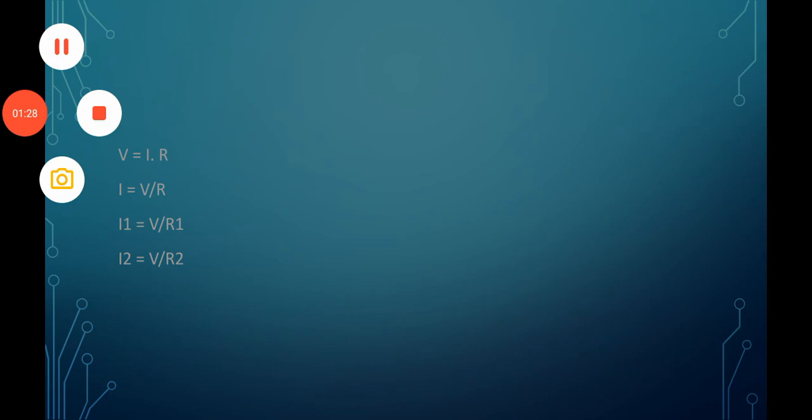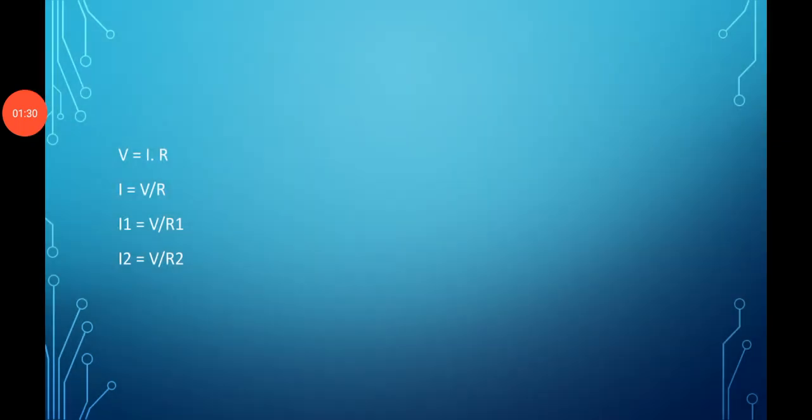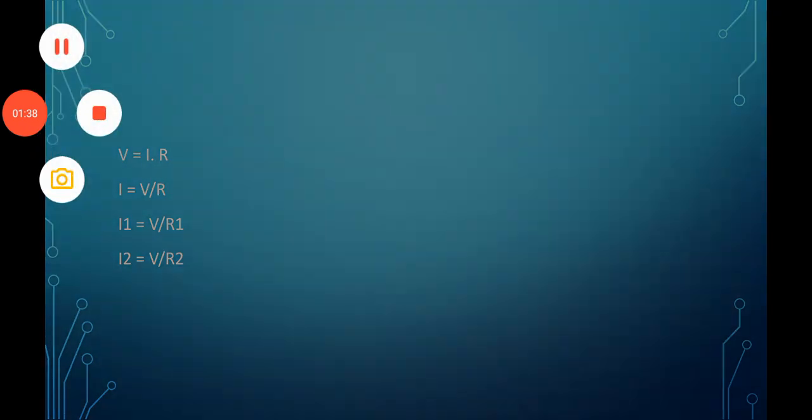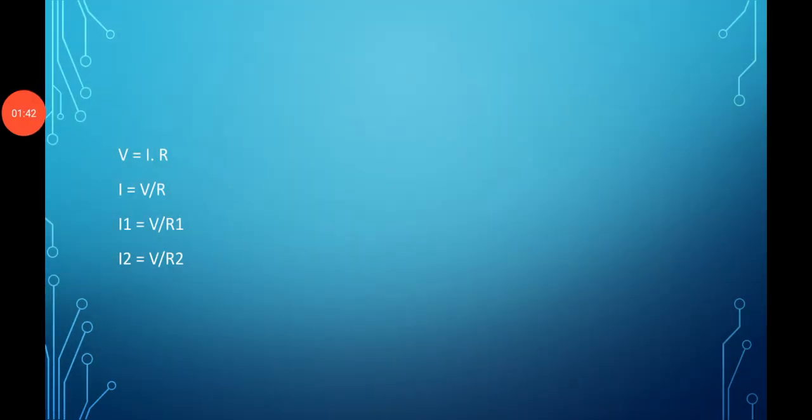R1 and R2 change, but V remains the same, because we know that in a parallel circuit the voltage across each resistance will be the same and the current will divide.